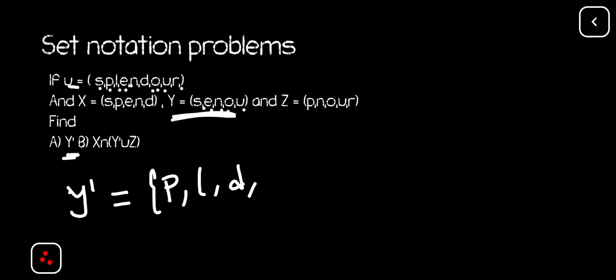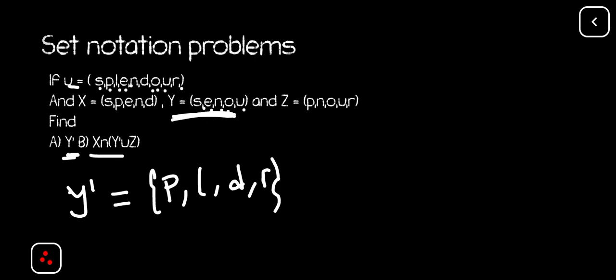R is in the universal set but not in Y, so R is a complement. At the end of the day, our answer for Y complement, which are the elements in the universal set but not in Y, is PLDR. So that is the complement of Y.